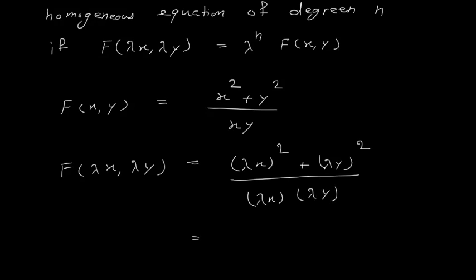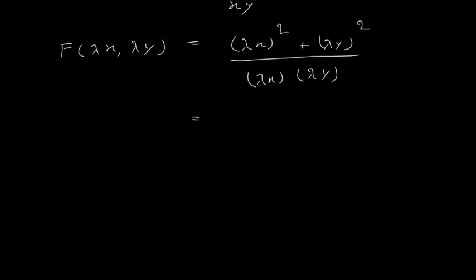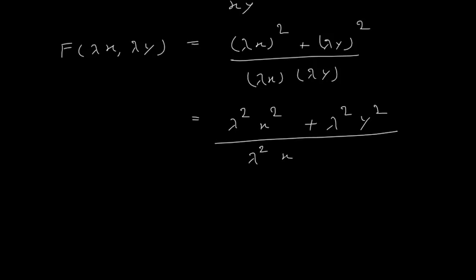Now when we solve it, we get lambda square x square plus lambda square y square upon lambda square xy. So lambda square we can take common from the numerator, so it becomes (x square plus y square) divided by lambda square xy.